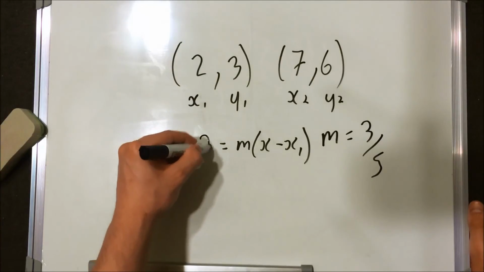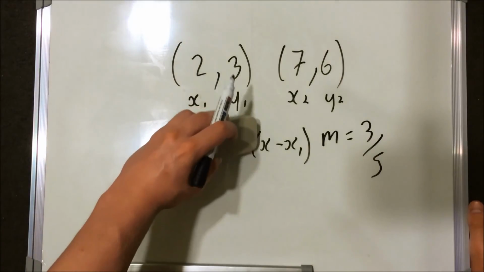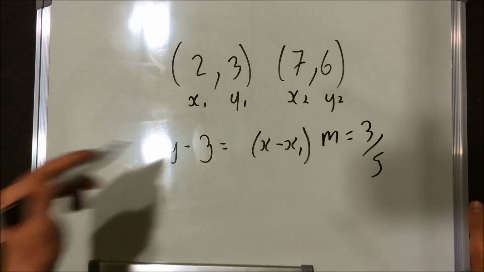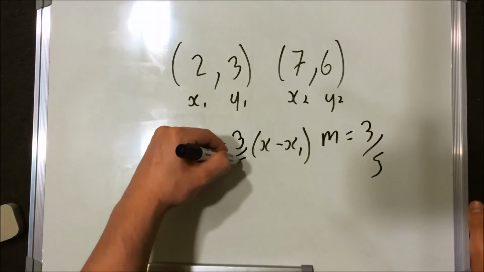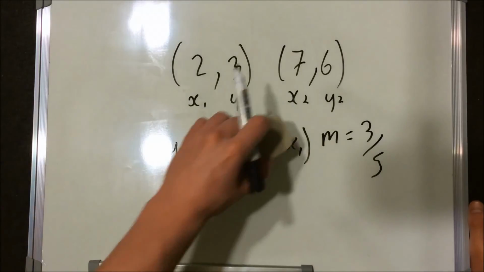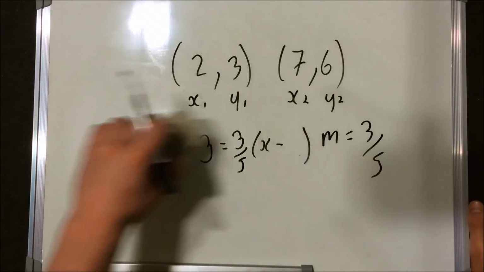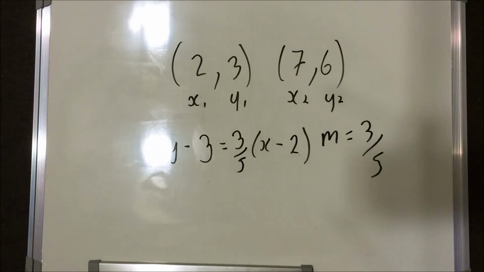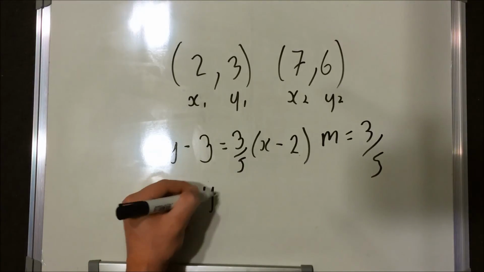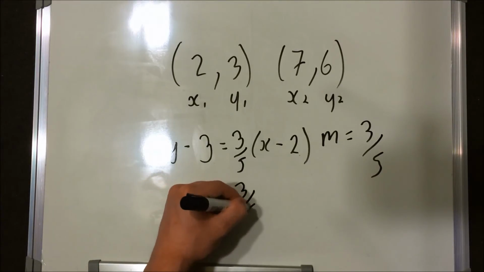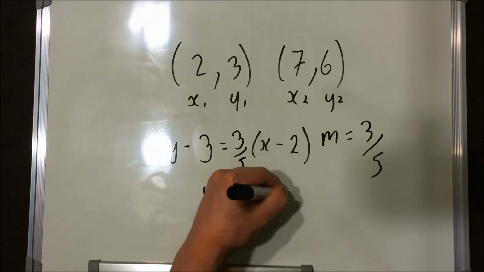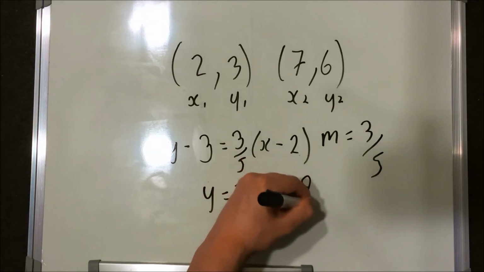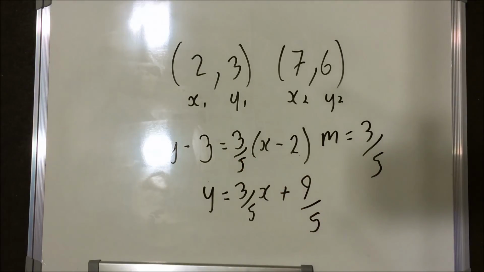So y1, which is 3. Your gradient, which as we found out before was 3 over 5. And your x1, which is 2. Rearrange that, it'll give you y equals 3 over 5x plus 9 over 5. And that is how you find the equation of a straight line when it gives you two coordinates.